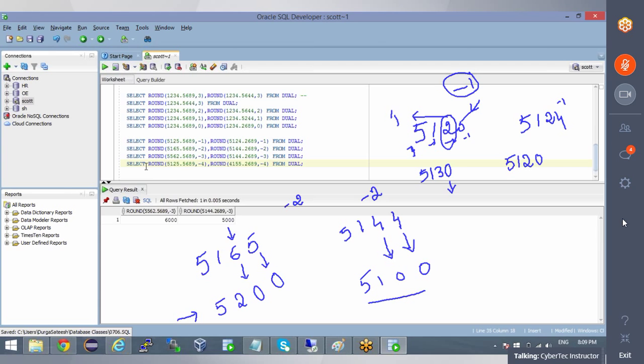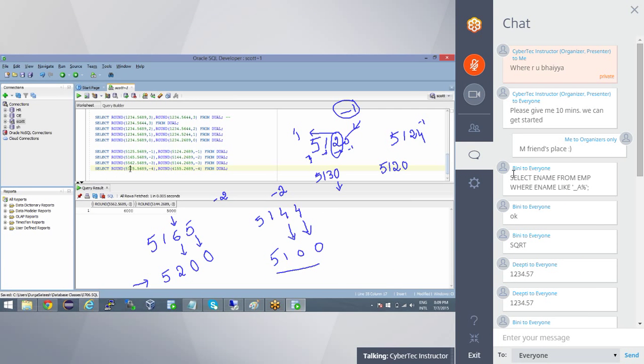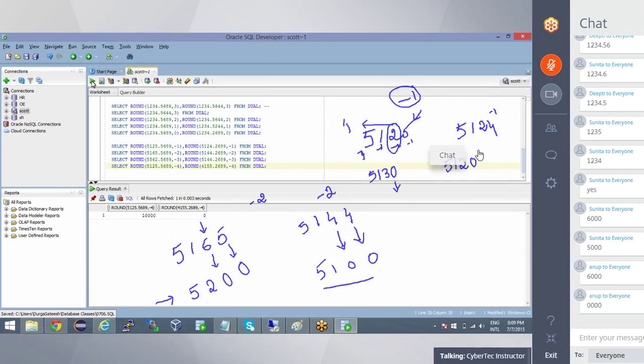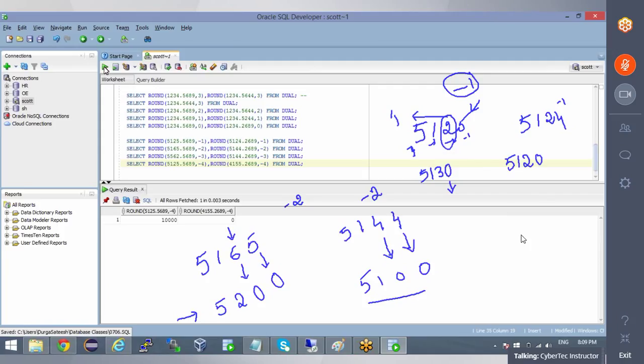Now what happens in this particular situation? You have to round to -4. So when I say -4, this one will be 0, this one will be 0, this one will be 0. What would be my output? See that? The reason why you got 10,000 is because this value is greater than 5.